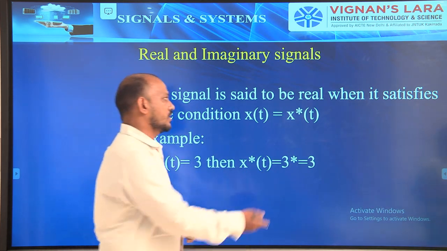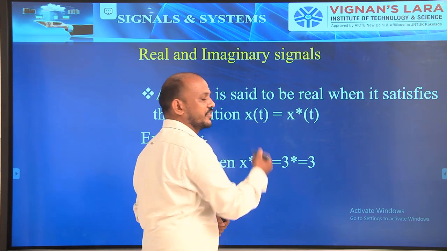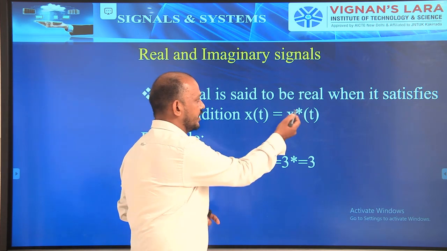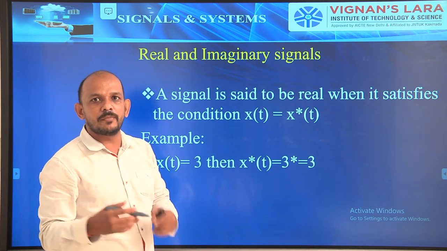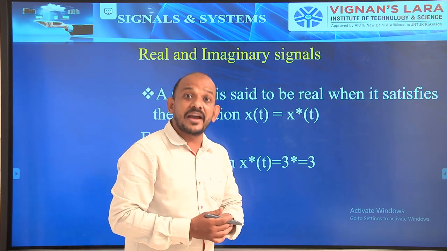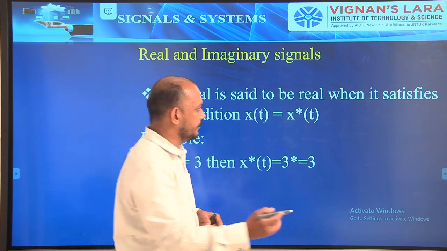X star of t is nothing but the complex conjugate of x of t. So if there is a signal like a plus jb, then the complex conjugate is a minus jb.